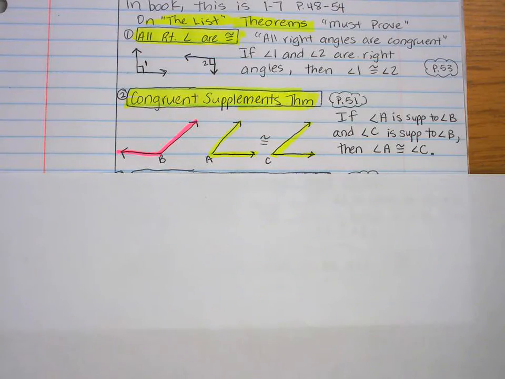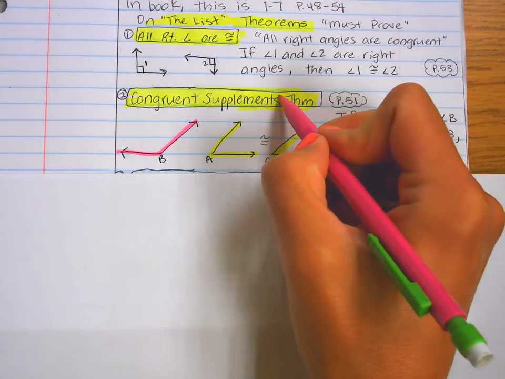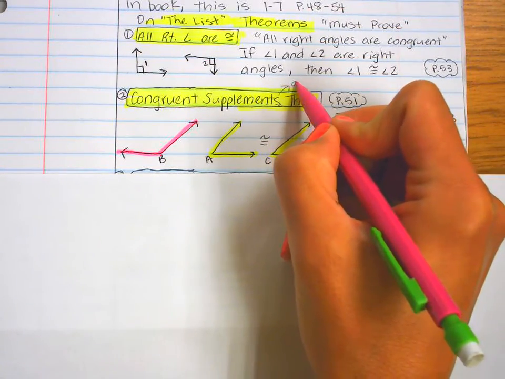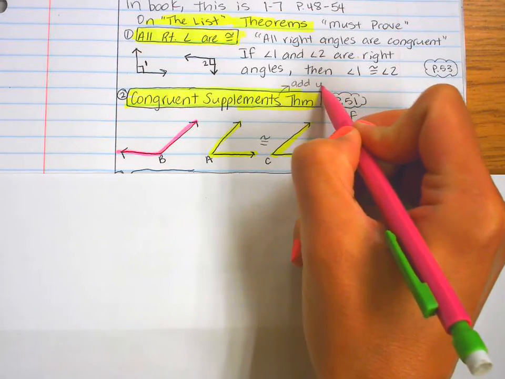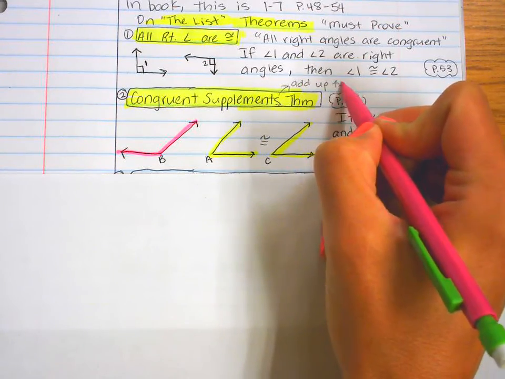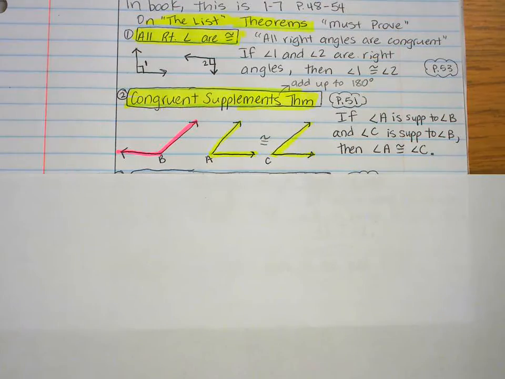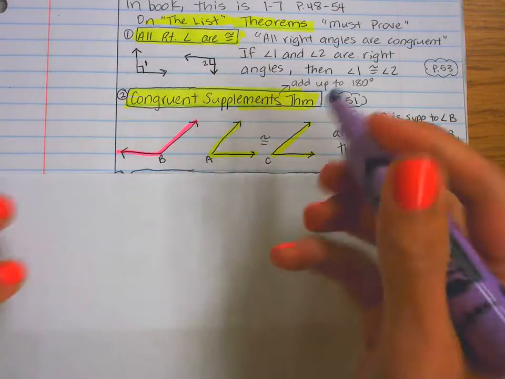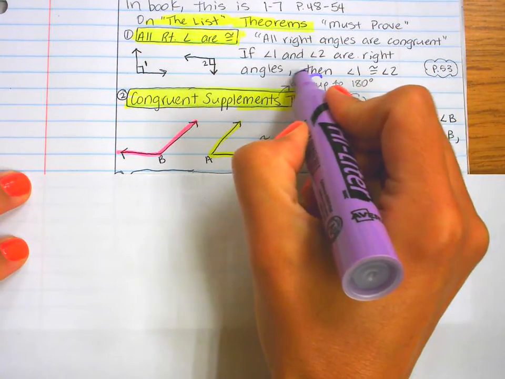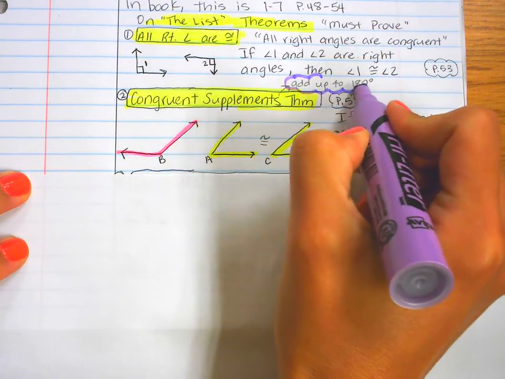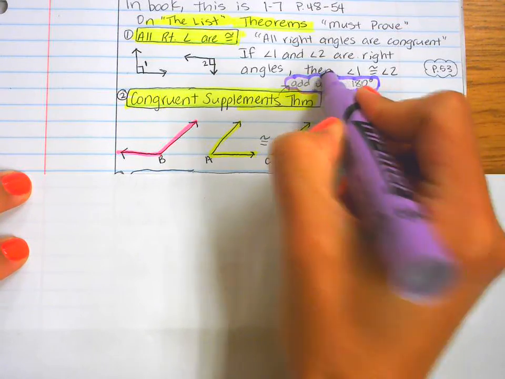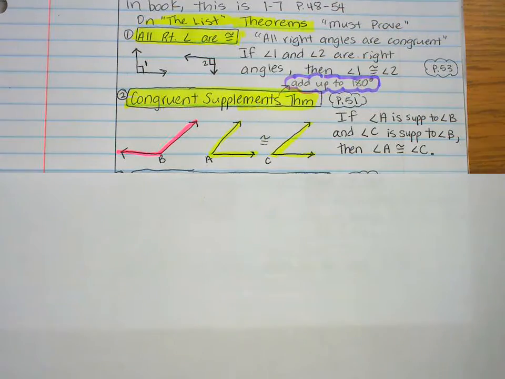Another really important thing is you need to know that supplementary angles add up to 180. So I'm going to put that right here again: add up to 180. They make a straight line, a straight angle. And that might be really important. You might want to use a highlighter to emphasize it because you need to know what supplementary and complementary angles are. Okay, they add up to 180.